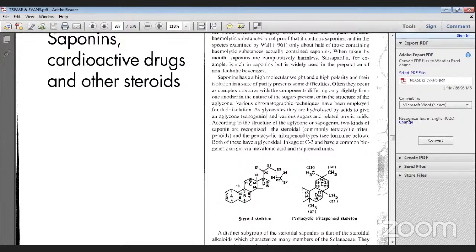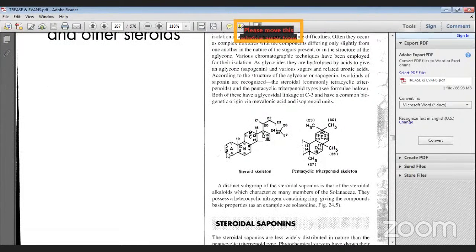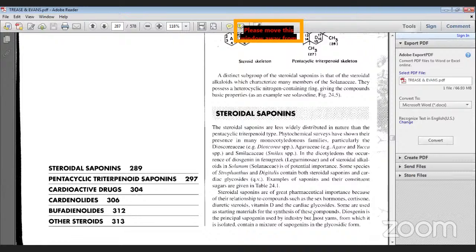So next is the tetracyclic. This is the main core structure, the skeleton, the cyclopentanoperhydrophenanthrene ring. And next, moving to the glycosides, the Dioscorea.